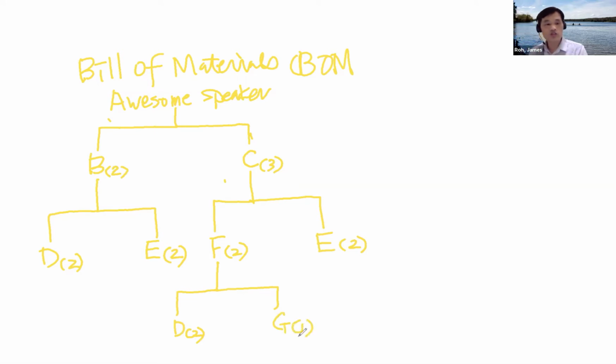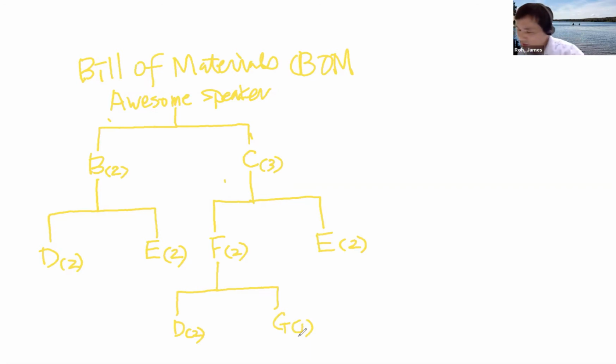The total for each awesome speaker is 4 standard 12-inch speakers and 12-inch speakers with amp booster. Given the above information, construct a structure and explode the requirement. So you have just exploded the structure, and this is your bill of materials.